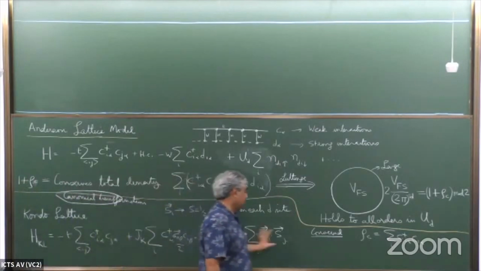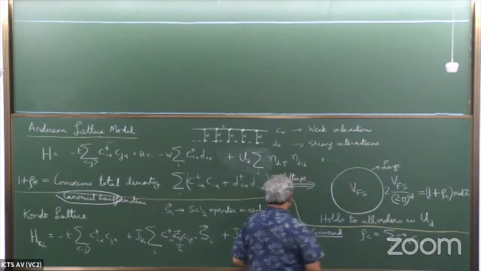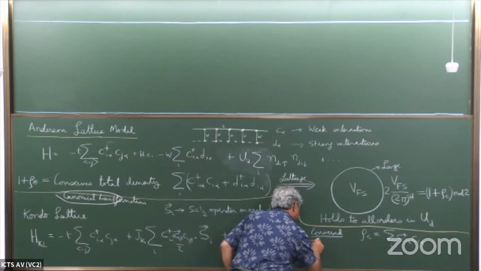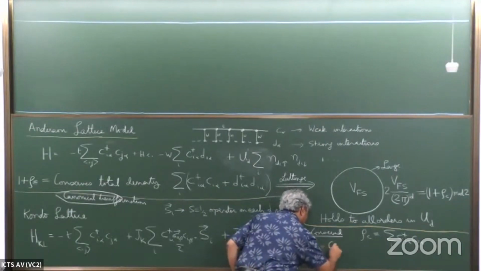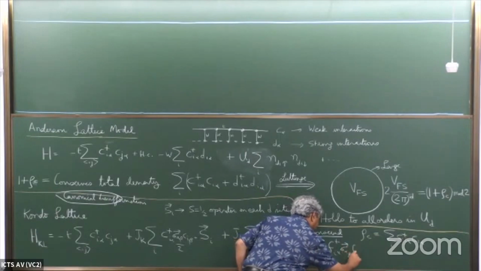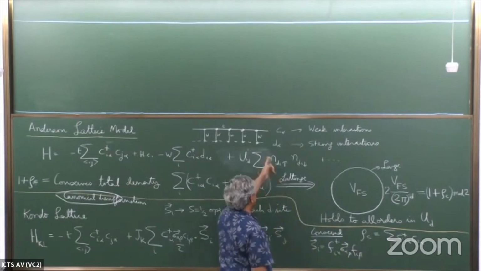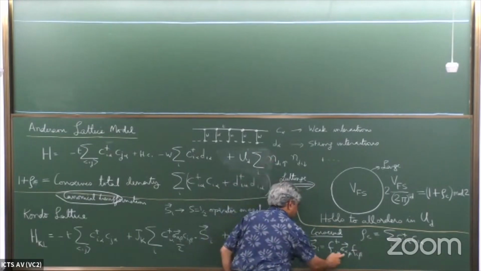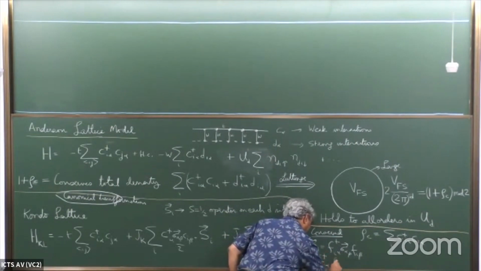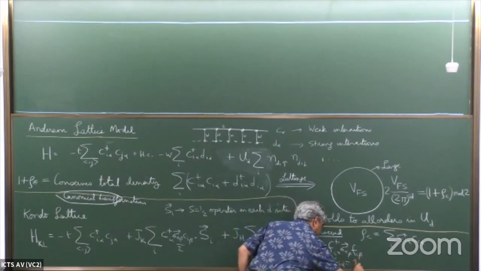But you also have another infinite set of conserved quantities. If I use a parton representation of the spins, so if I write S_i equals F dagger i alpha sigma alpha beta F i beta, I am using F rather than D to emphasize the fact that these Fs obey a constraint, sum on i of F i dagger alpha F i alpha equals 1.